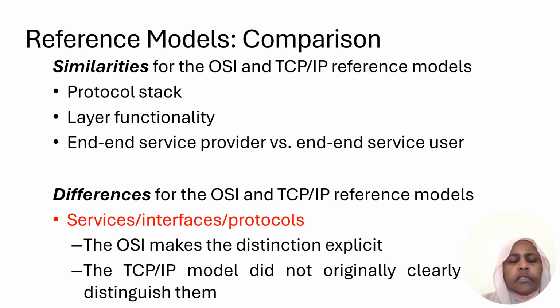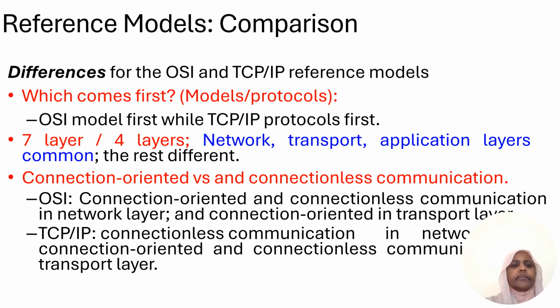Well, that's not the case in the TCP/IP model. Originally, they were not distinguished. Later in the literature, people tried to make TCP/IP more like the OSI reference model in terms of distinguishing services, interfaces, and protocols.